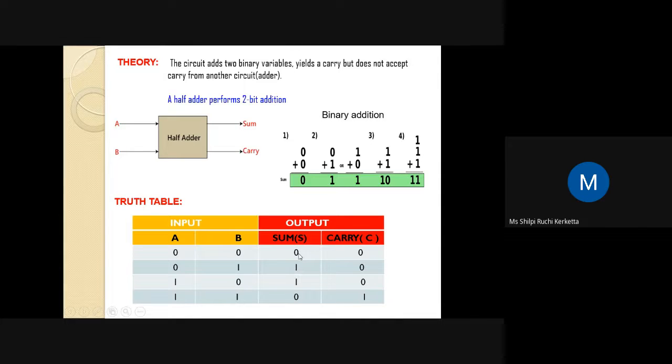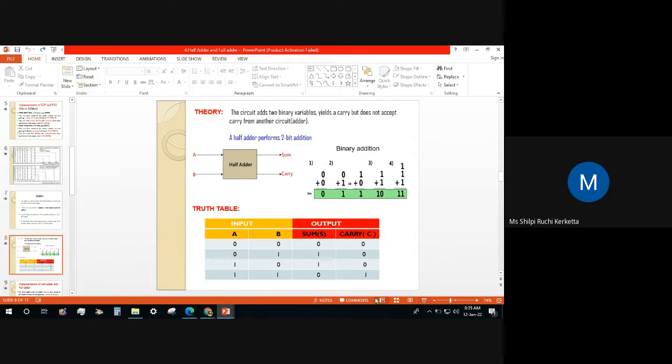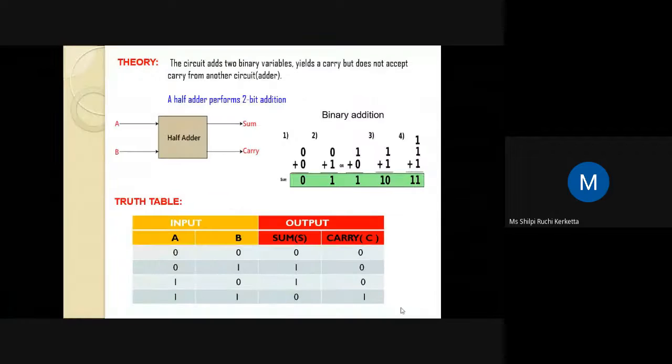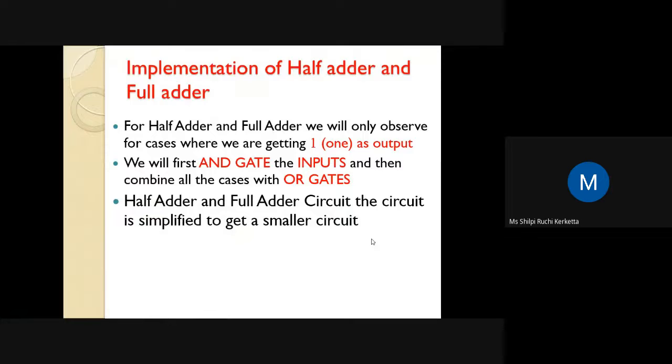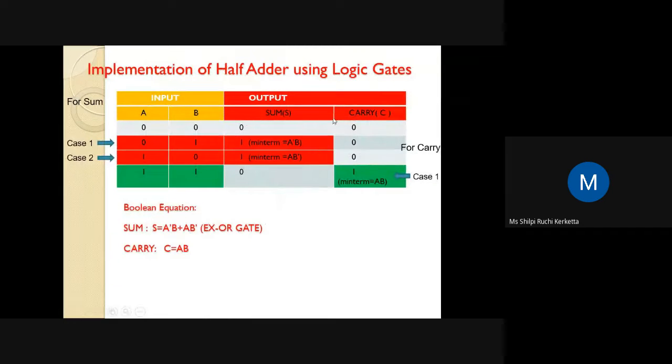So we have to make this half adder using these logic gates. If we see the output of the sum, it is the output of an XOR gate. And if we see the carry, we can see that it is an AND gate. You can also use sum of products and make this gate, but by seeing the output, we can say this is an XOR gate.